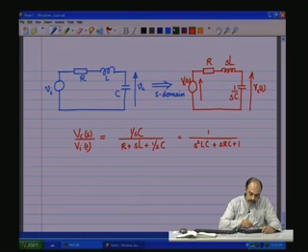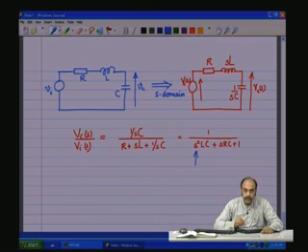So, here you see again no zeros, but in the denominator the S is of order 2. So, this is a polynomial of order 2 in S. So, therefore, this will have 2 roots, which means 2 poles.